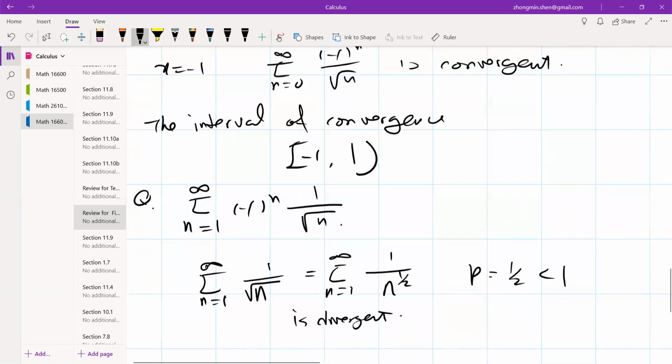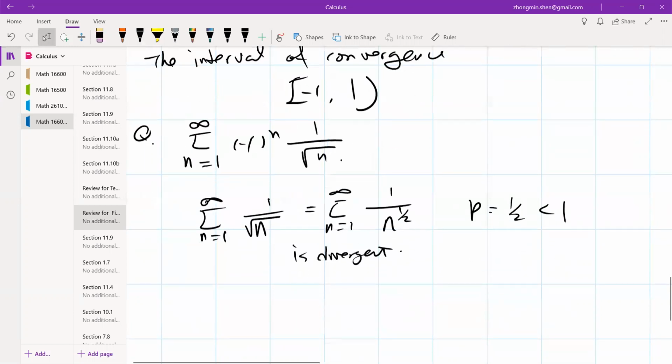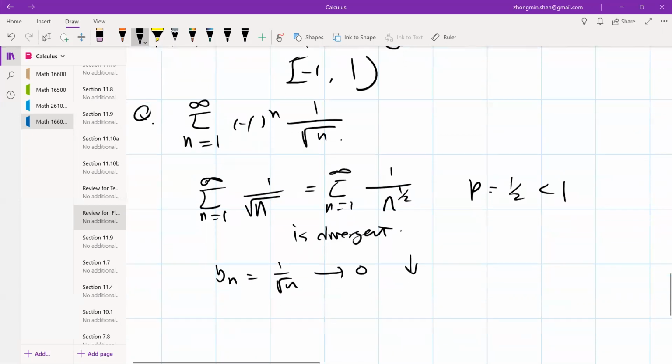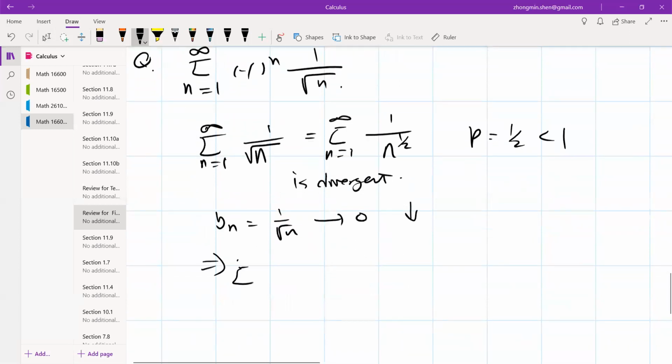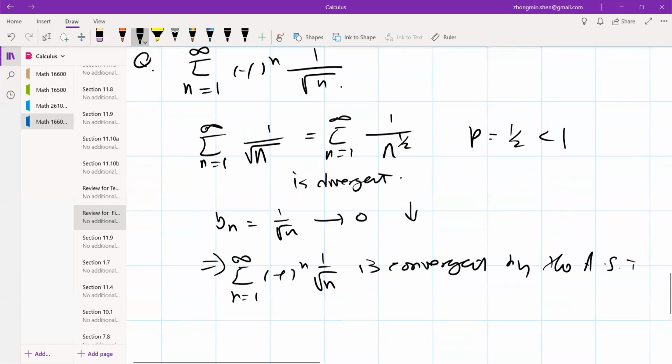And clearly, this term is decreasing and approaching 0. So this implies the alternating series is convergent by the alternating series test. But I did not see any words in his solution saying alternating series.